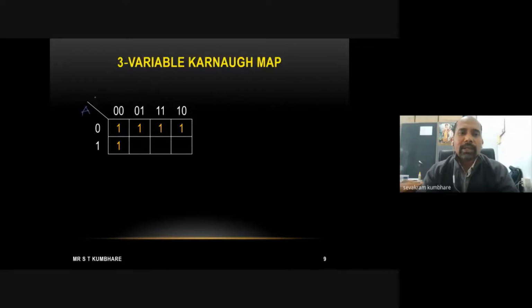Let us say this is A, this is B, and this is C. Now, can anyone tell me what is the expression of this K-map?